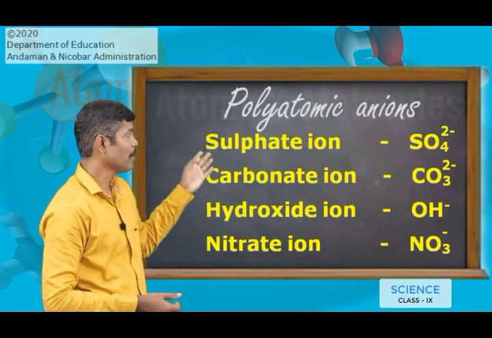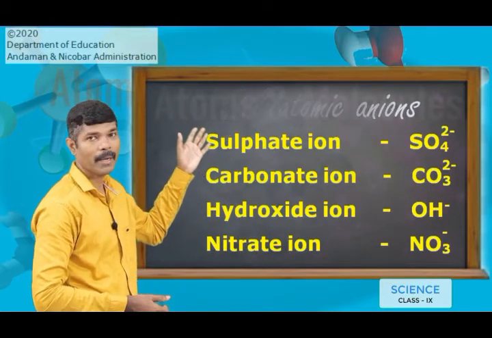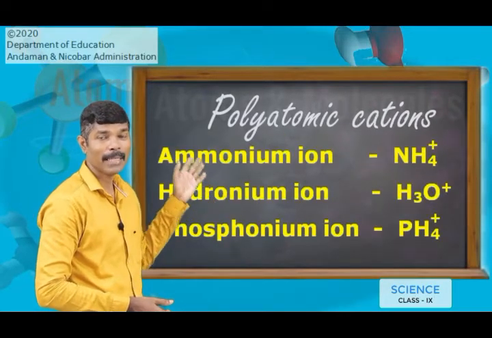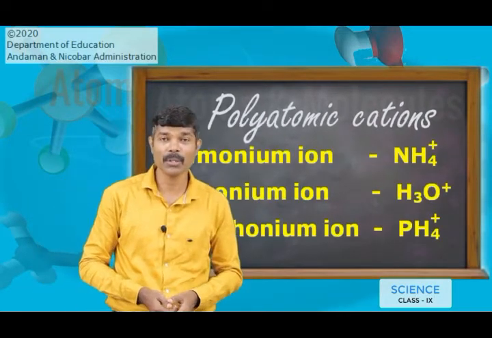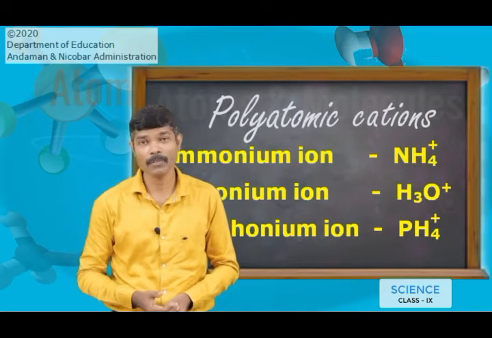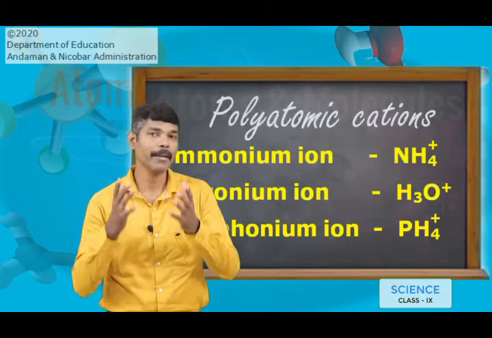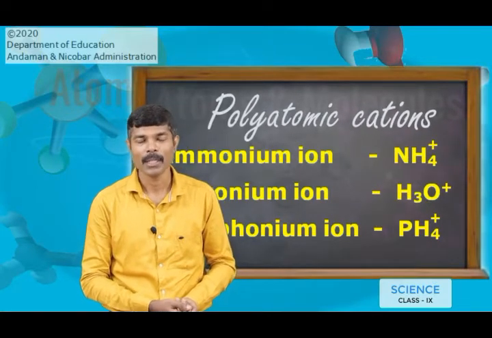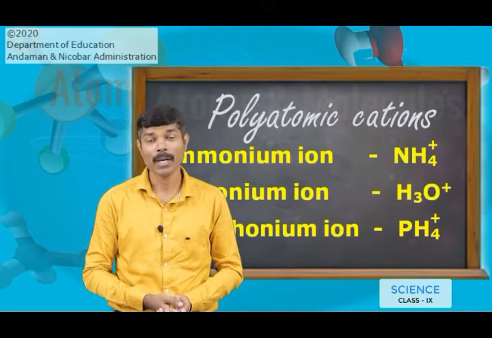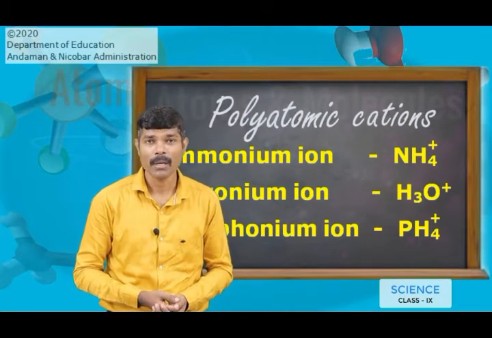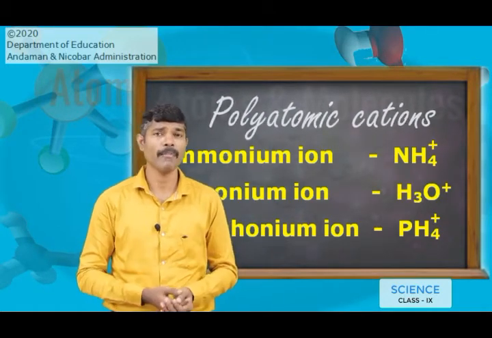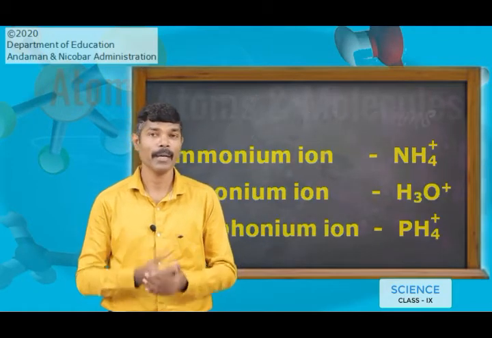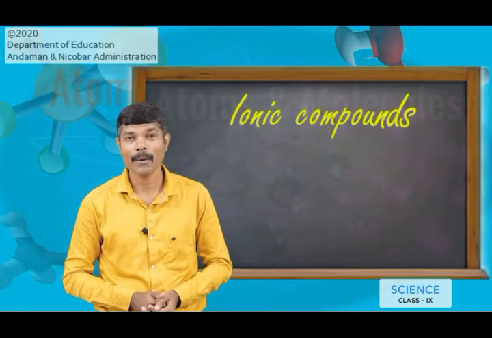You can see on the screen some polyatomic anions and cations. The same is given in your textbook. You can go through and identify which are polyatomic cations and which are polyatomic anions. I hope you understood what an ion is, how ions are formed, and the classification of ions into simple ions and polyatomic ions. Now we see about ionic compounds.